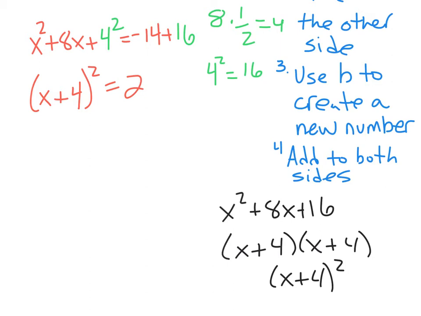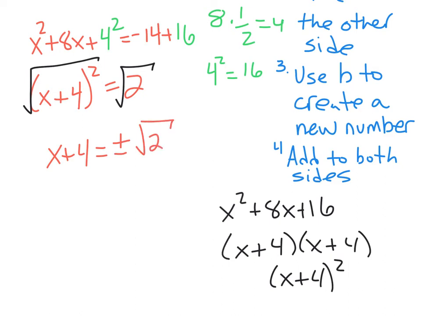What happens when you take the square root of something squared? All right, so then we're left with x plus 4. We did take the square root, so we have a plus or minus square root of 2. And now we subtract 4 over. So it's negative 4 plus or minus the square root of 2.